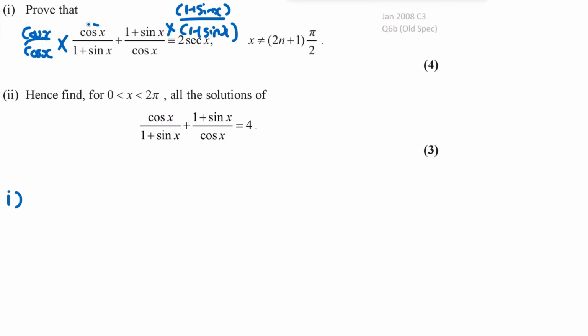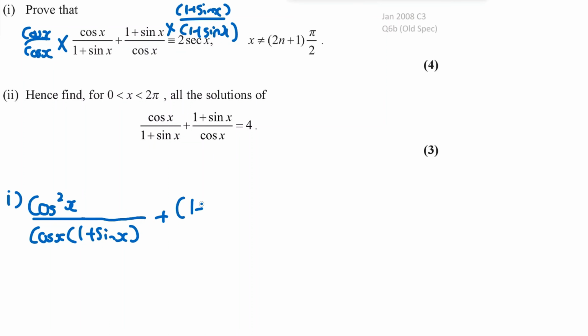So let's do this now. So this here is going to be cos x times cos x, which is equal to cos squared x, and this is over cos x, 1 plus sin x, like this here, and then this is plus, and then 1 plus sin x times 1 plus sin x is equal to 1 plus sin x squared, and then this is over cos x, 1 plus sin x, like this.